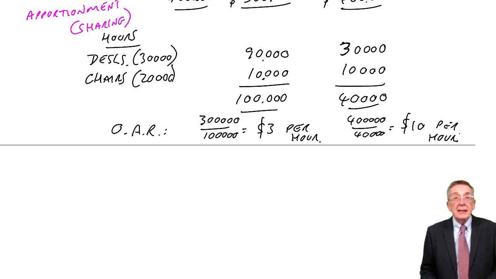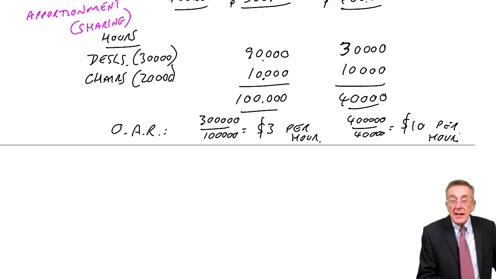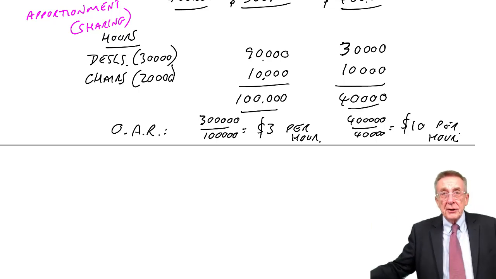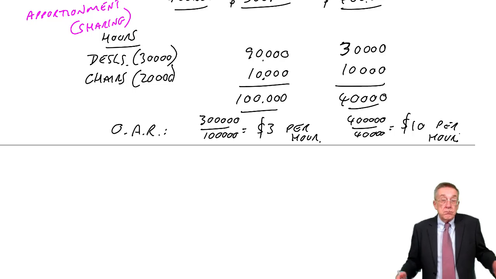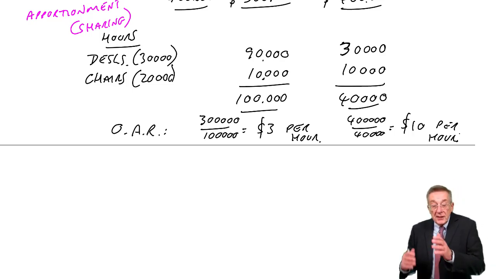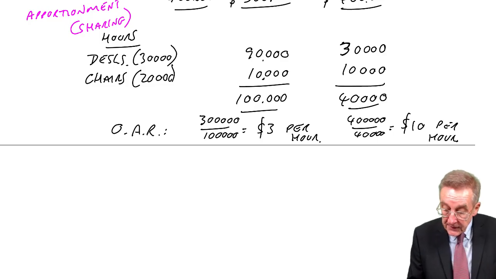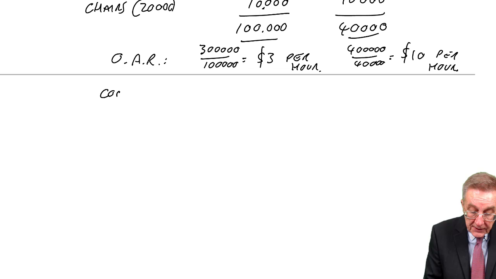So see what we've done. I'll do the cost cards in a moment. Whereas in the last example, we just had an hourly rate for the whole factory. Here I can perhaps be a bit more precise, and I've worked out a separate hourly rate for each of the two departments. And so now let's do our cost cards.